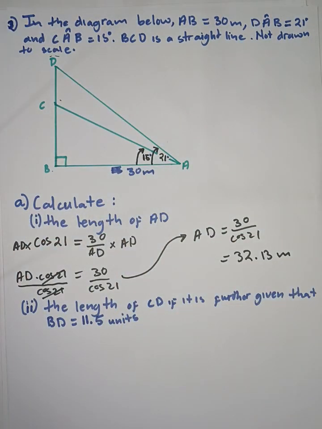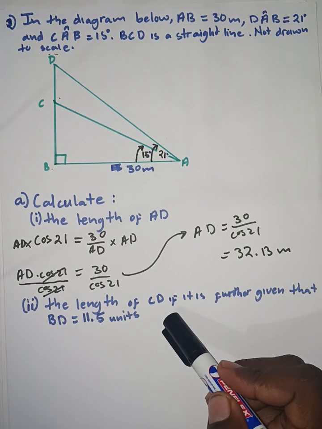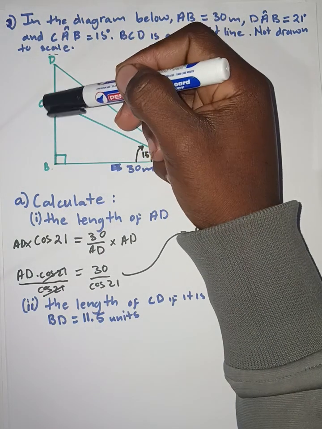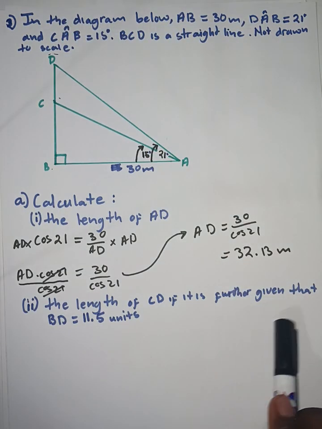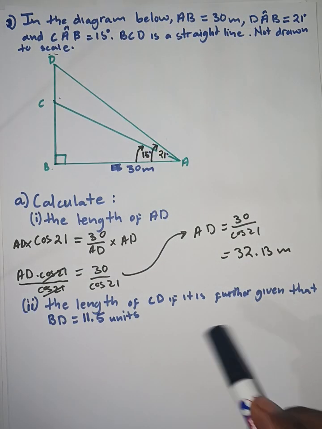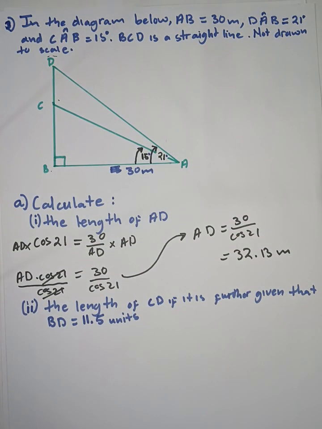And then they say calculate the length of CD, which is that length there. They say it is further given that BD, this whole length, is 11.5 units.